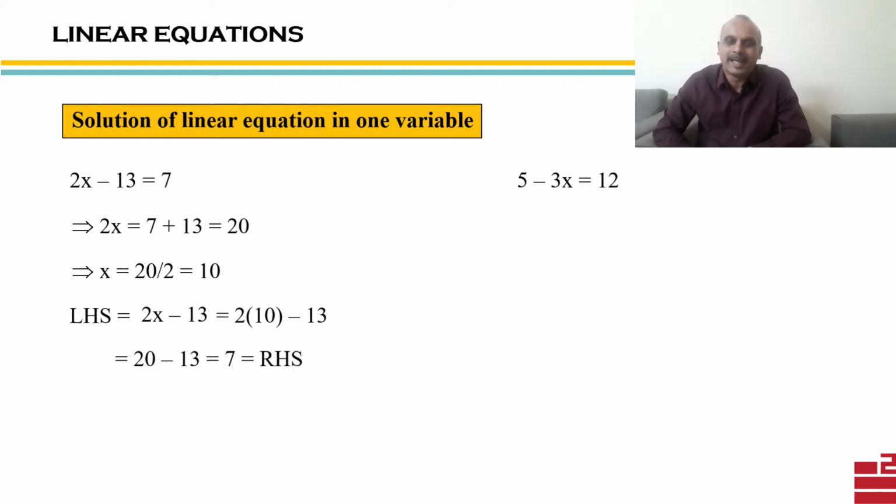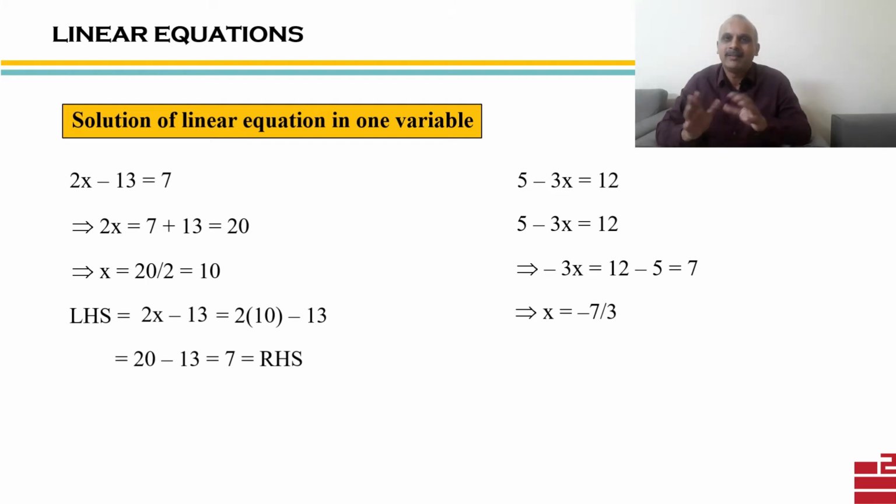And so we accept that x equals 10 is the solution of the given equation. Similarly, for the second equation, we will also transpose the terms to the other side and solve for the value of x. I will not elaborate further, but the value of x you will get is minus 7 upon 3. If you put it back in the original equation, LHS will turn out to be equal to RHS.